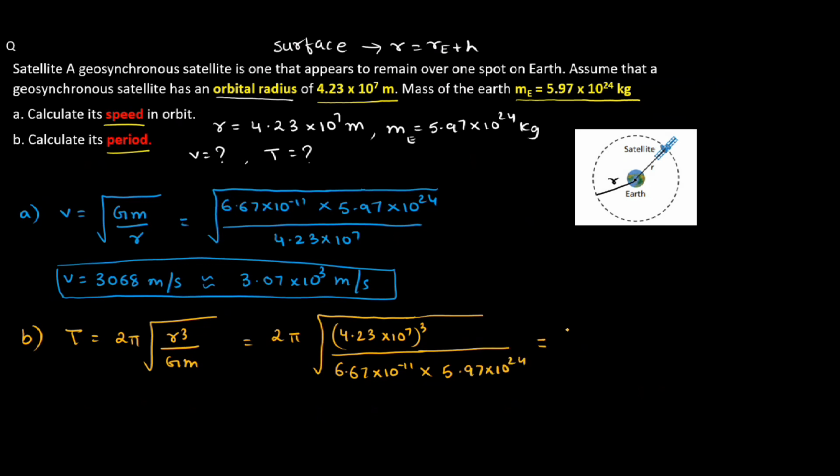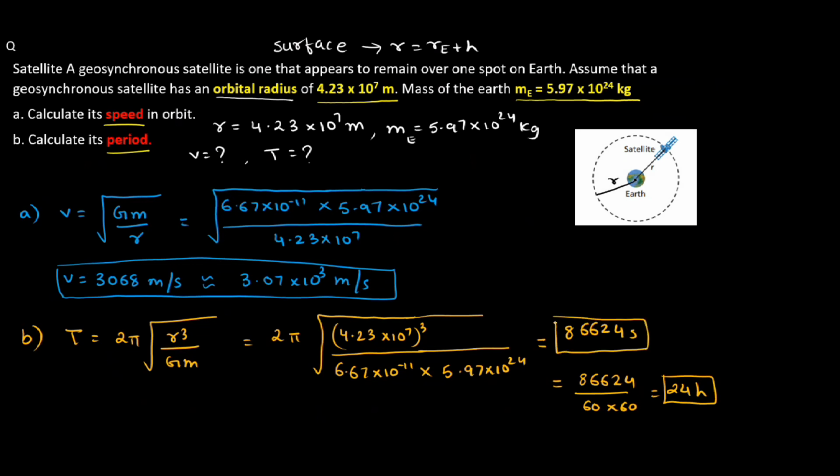And when you solve this, you get your time as 86624 seconds, which you can convert to hours again by dividing this number by 60 times 60, and that will give you 24 hours.